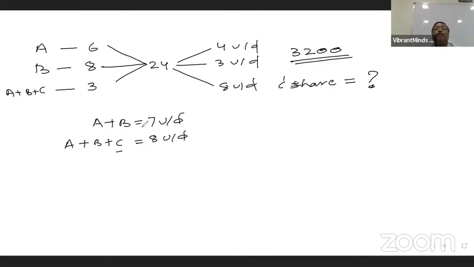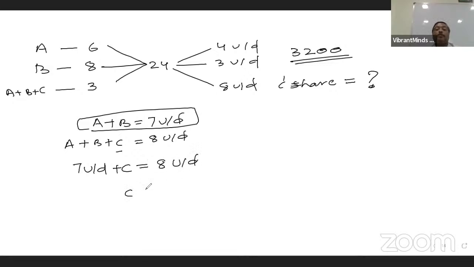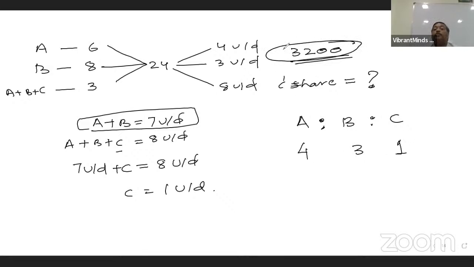So putting this value here, A plus B 7 units per day plus C's units will give me 8 units per day. So C is equal to what? 1 unit per day. Isn't it? So A is doing 4 units, B is doing 3 units, and C is doing 1 unit. In the same way, your 3200 should be divided in this ratio. So he will get 4 by 8 of 3200.